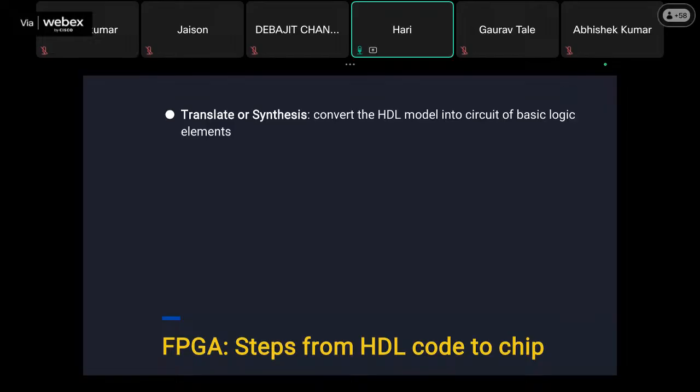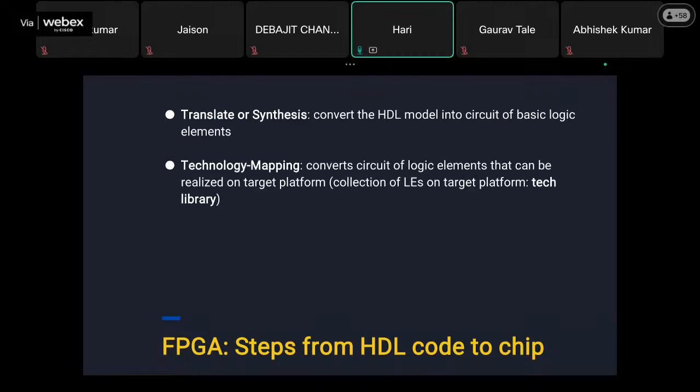So the very first thing is to convert the HDL model into a circuit of basic logic gates, which is called synthesis as well. And then apart from it, there is something called technology mapping. We have different FPGAs in the market, right? After synthesis, you have some defined blocks, like these blocks are required.